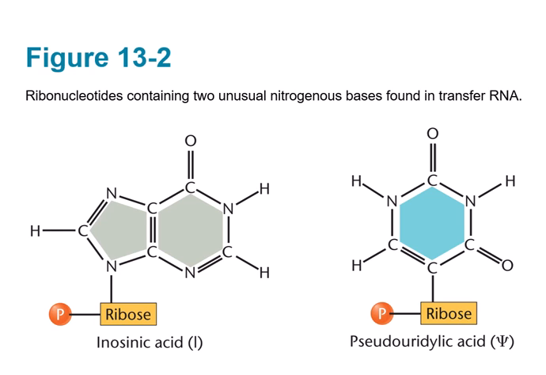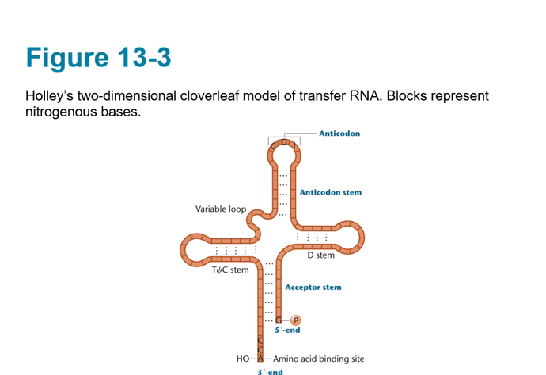We don't see them in other types of RNAs. Inosinic acid is not found anywhere else. Pseudouridylic acid is also not seen anywhere else. They have resemblance with other ribonucleotides, but they are not found in any other ones. Whenever you see their sequences in RNA molecules, they are written there, which makes them look different.